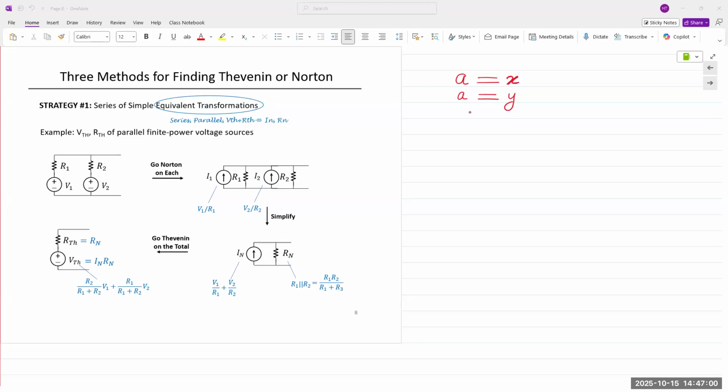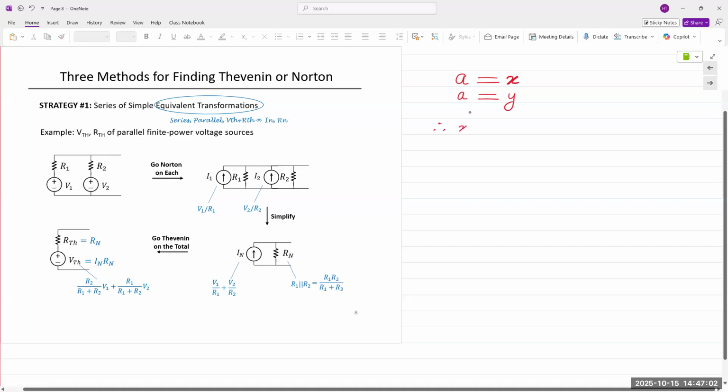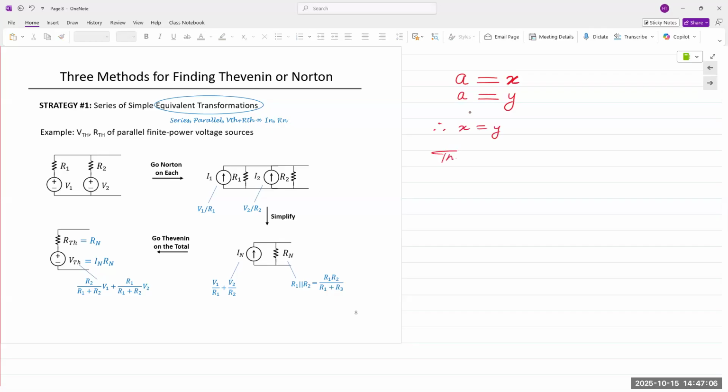Okay. Therefore, I can write X equals Y. The Thevenin equivalent circuit between any 2 points is equivalent to the Norton equivalent circuit between those same 2 points. Okay.